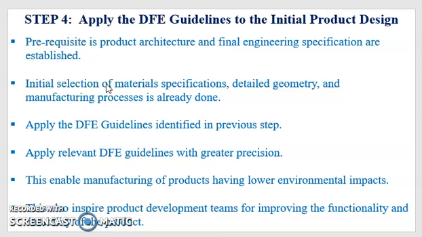It is therefore beneficial to apply the relevant design for environment guidelines with great precision. Applying DFE guidelines in this stage results in manufacturing of products having lower environmental impact. The DFE guidelines may also inspire the product development team to improve the functionality and durability of the product.